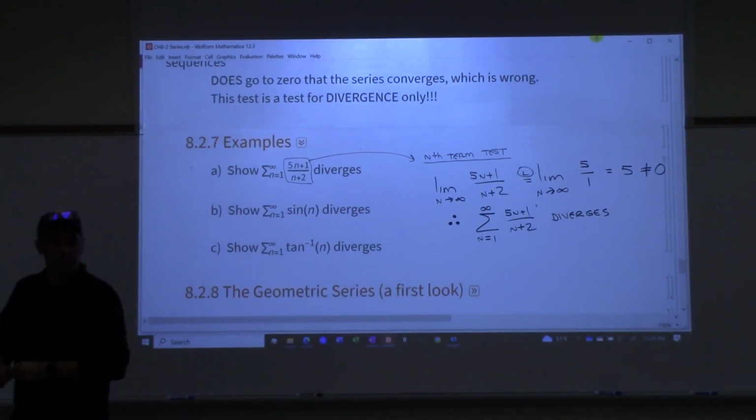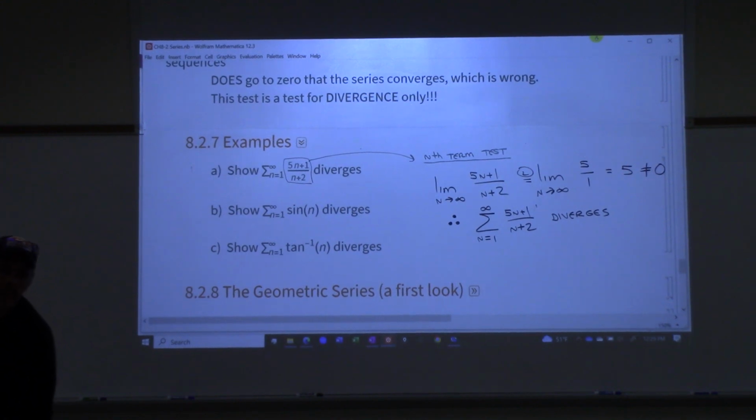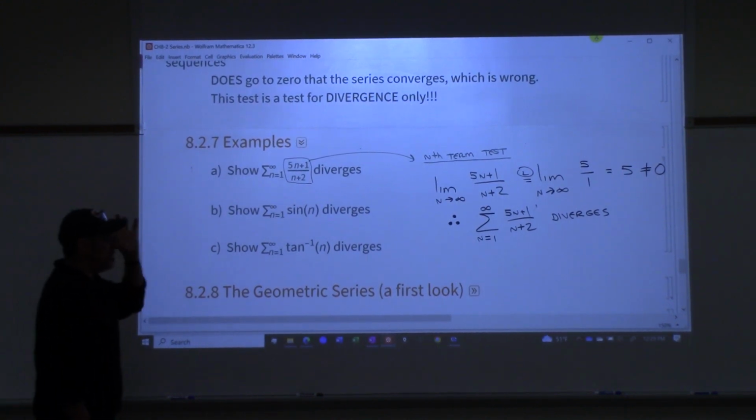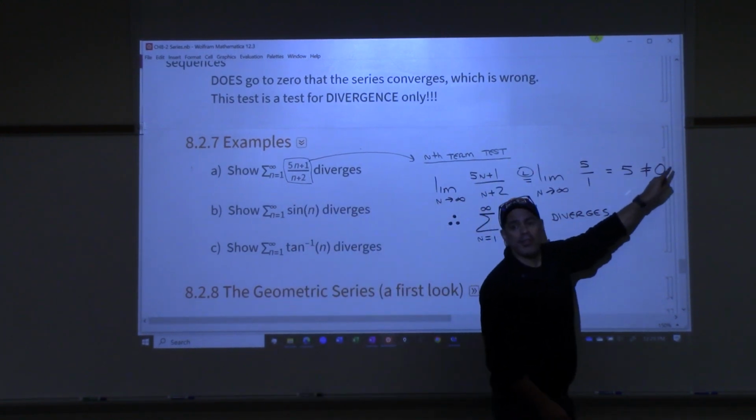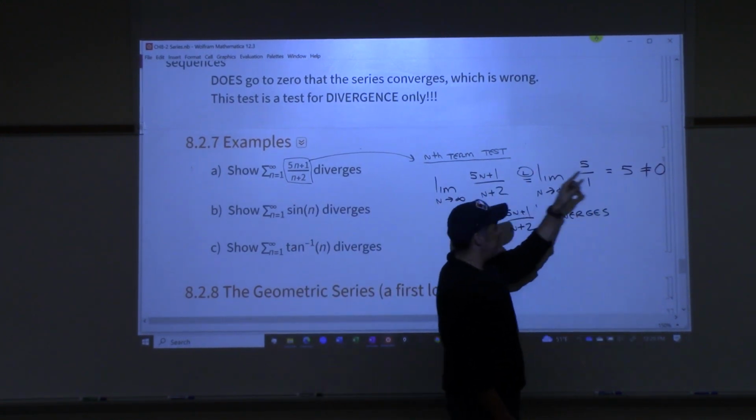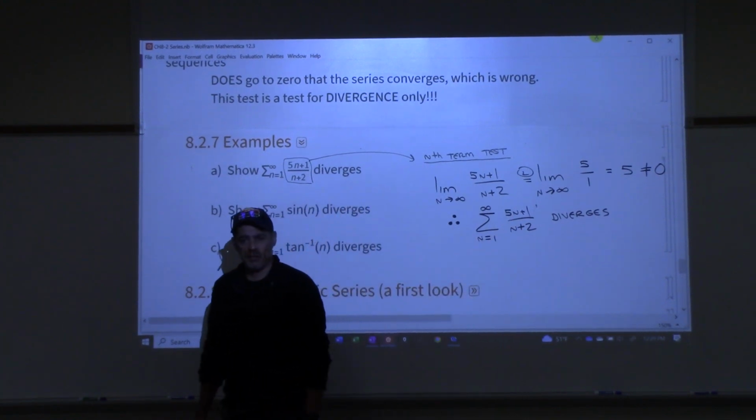So the sequence converges to 5, but the series diverges. The sequence converged to a number other than 0, which means that the series must diverge.